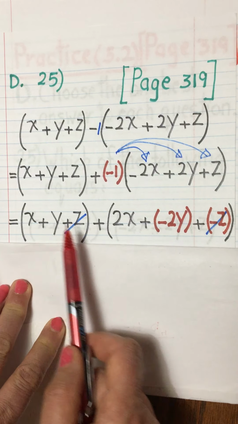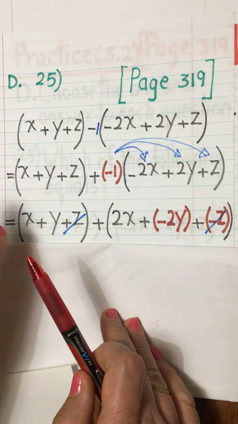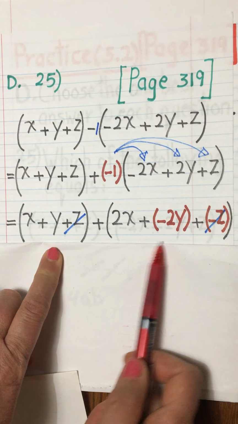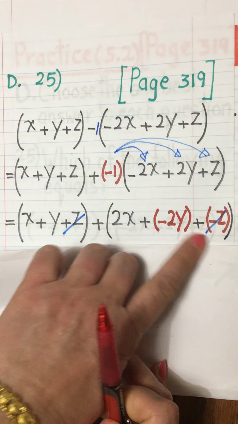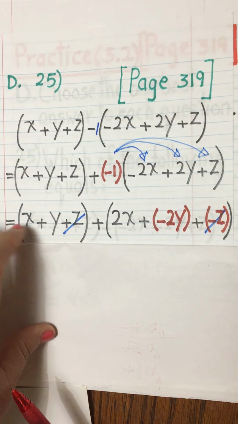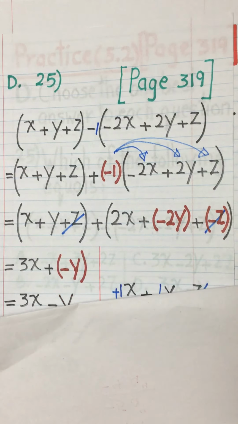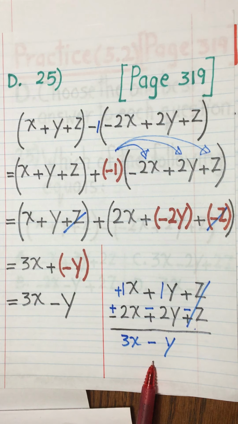Then x plus 2x is 3x. Y minus 2y is negative y. And z, negative z, cancel them out because these are like terms with different signs. So the answer is 3x minus y, which is the same as this one.